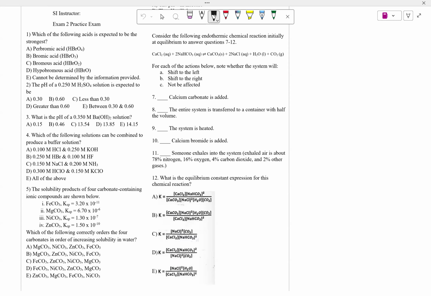Think of it this way: if it's less than one, it's more reactive. That definitely could be rounded.